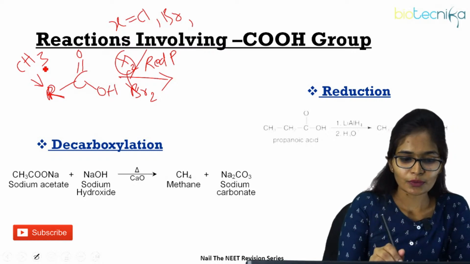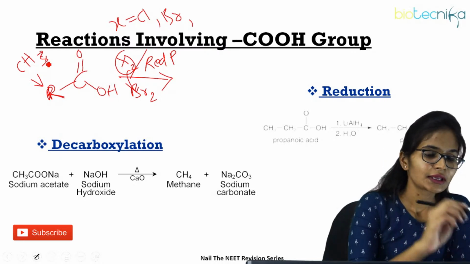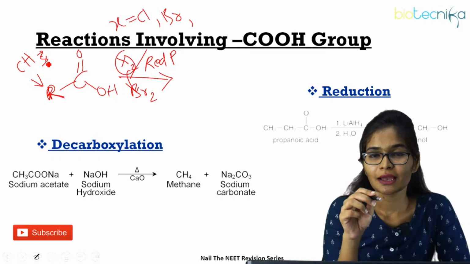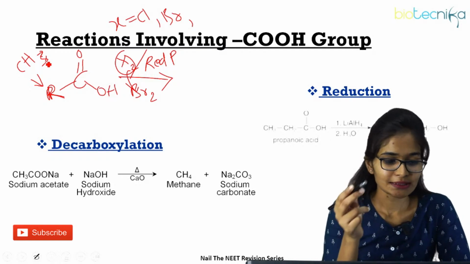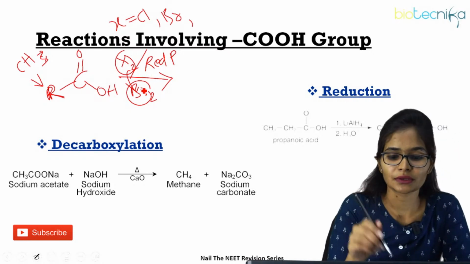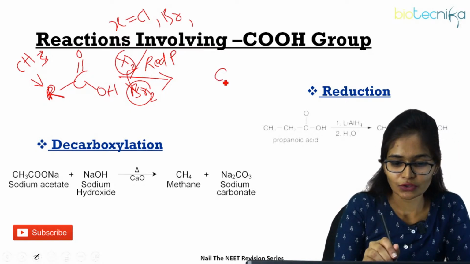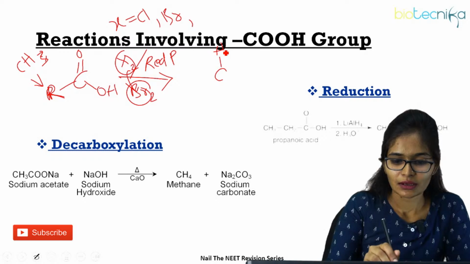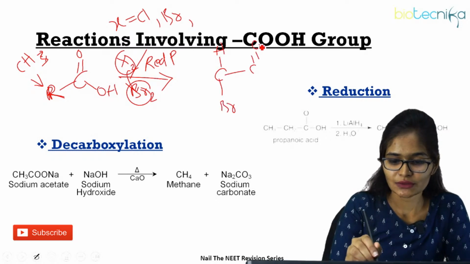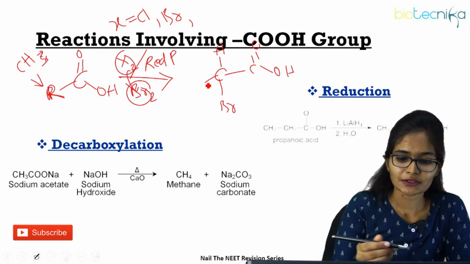The proton it carries is an alpha proton, which is most acidic and will be released. Once it is released, the bromine attacks the carbon, so you get H and Br, and here you have your COOH.